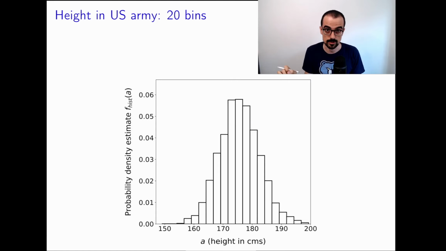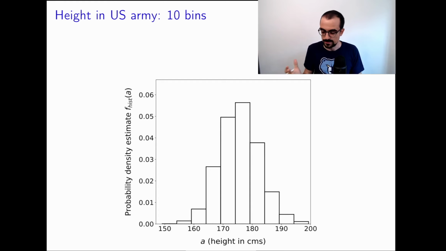You're going to see a much smoother density, but you're going to lose details, structure that you might be interested in. And if you make it super coarse, with a very small number of bins, these probabilities are probably really good, but you don't know what's going on inside each bin. So that's the trade-off you have when deciding how many bins to divide the range of the random variable.